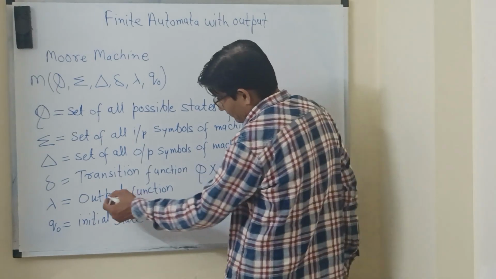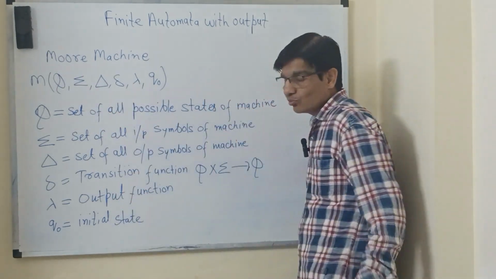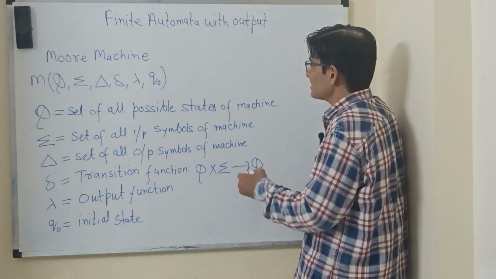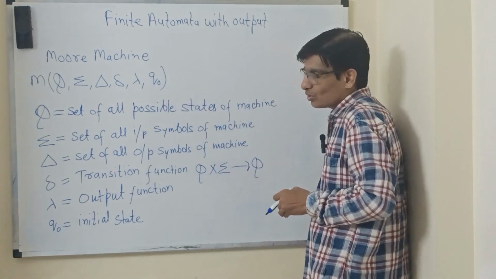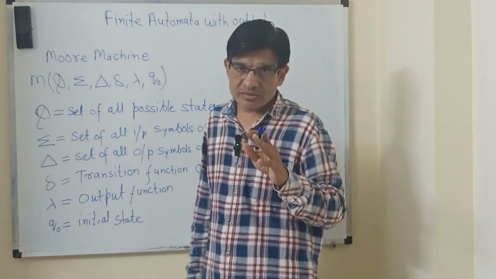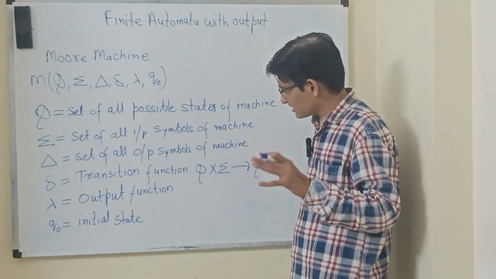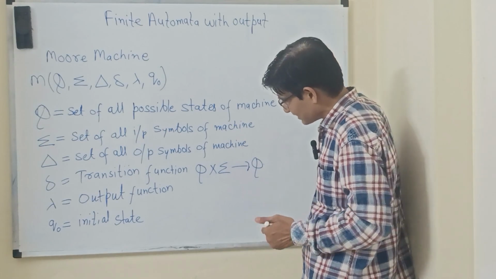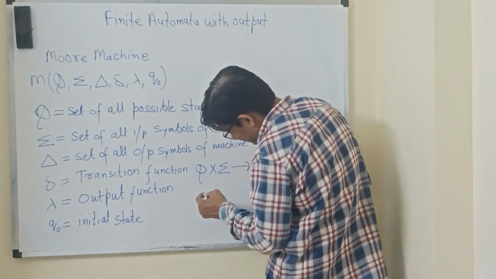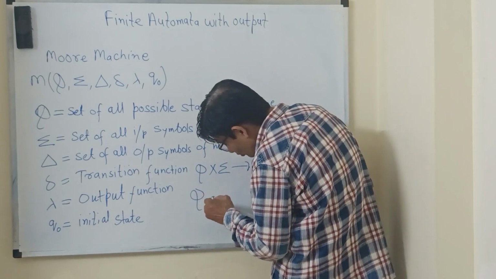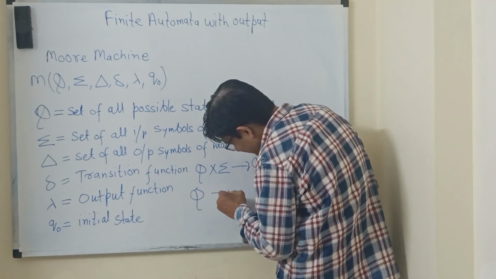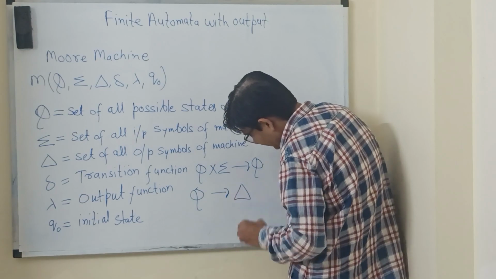See, friends, in Moore machine, with each state, one output symbol is associated. So the output function for this machine would be Q is directly mapped to delta.